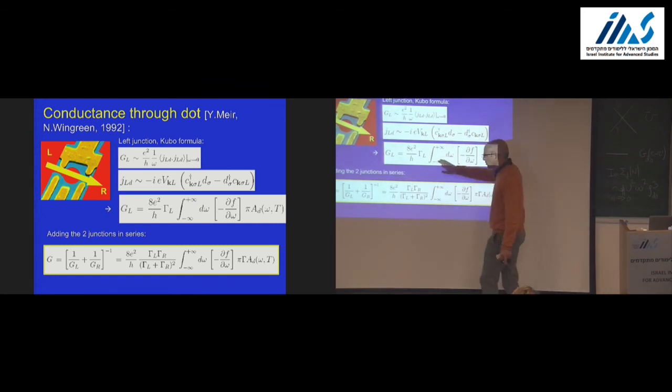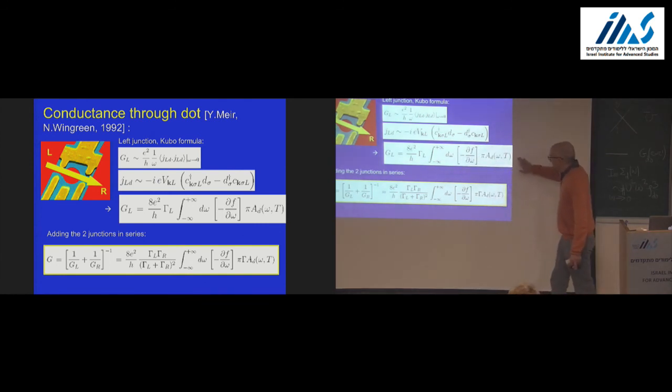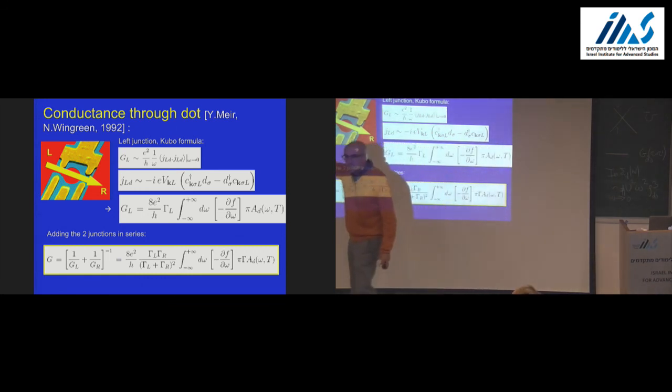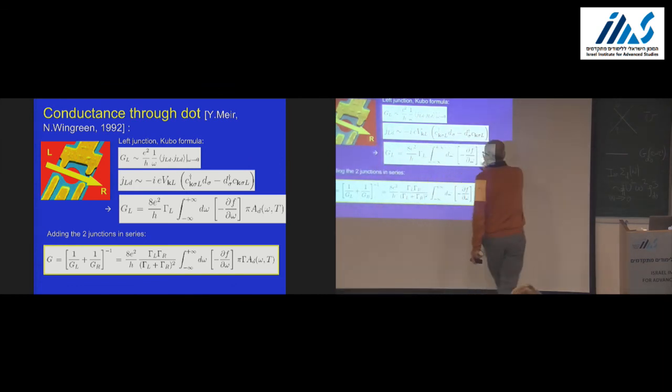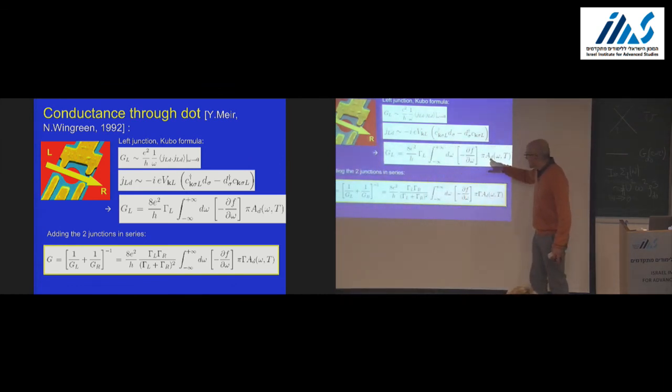So we had this formula for the conductance, the Meir-Wingreen formula for the transmission conductance, and you see that if I go to 0 temperature, this becomes a delta function. It picks the value of A at 0 frequency. We just showed here without many complicated calculations that in the particle-hole symmetric case, this thing is exactly 1 over gamma, right?